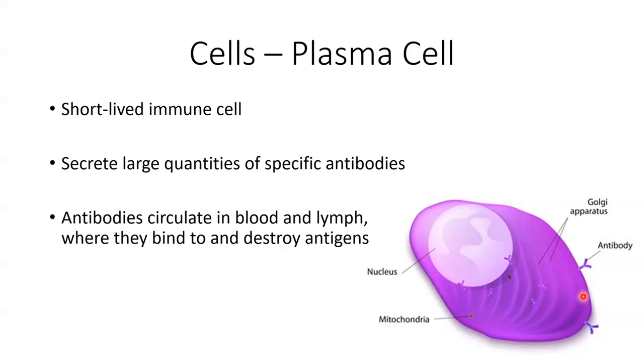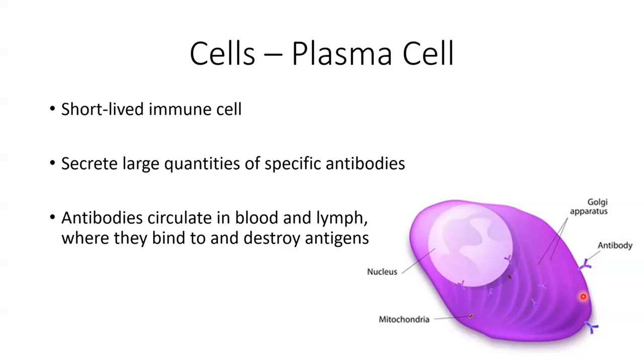A plasma cell will release its antibodies into the blood and lymph tissue, where it will circulate around the body. It will bind to the antigen of the allergen or the pathogen, and it helps either neutralize or destroy the pathogen, or it just helps assist the immune system in some other way of destroying that particular allergen.